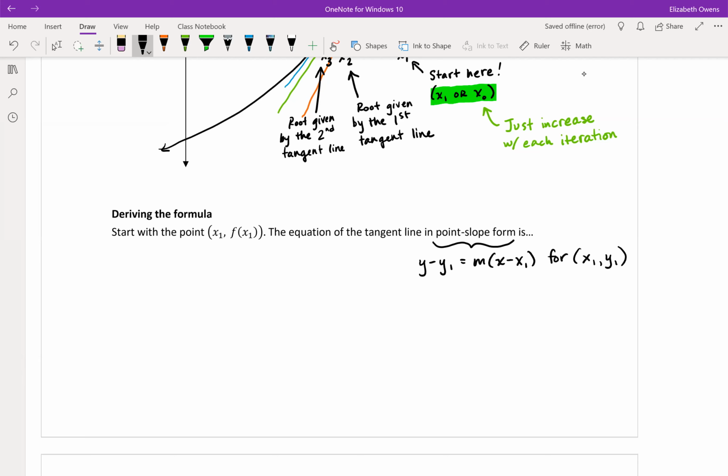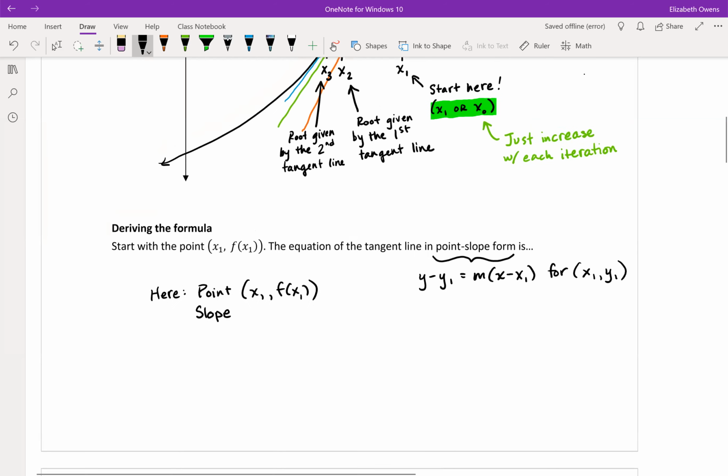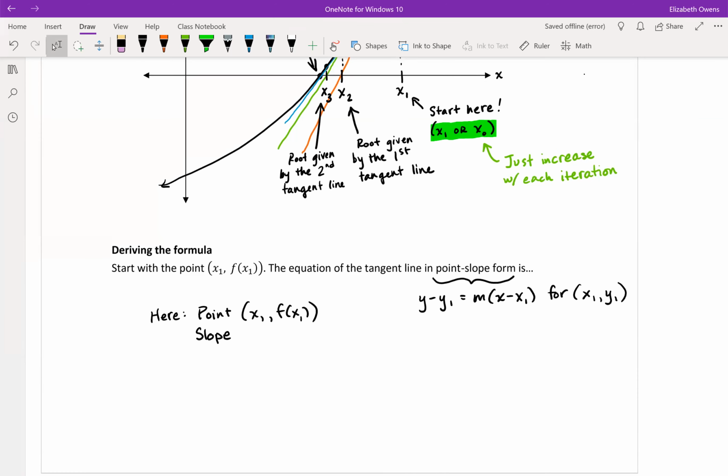So here we're given our point x1 comma f of x1. So let's put that in here. The point is x1 comma f of x1. And we actually know the slope of that tangent line as well, so we'll have all we need for point slope form.